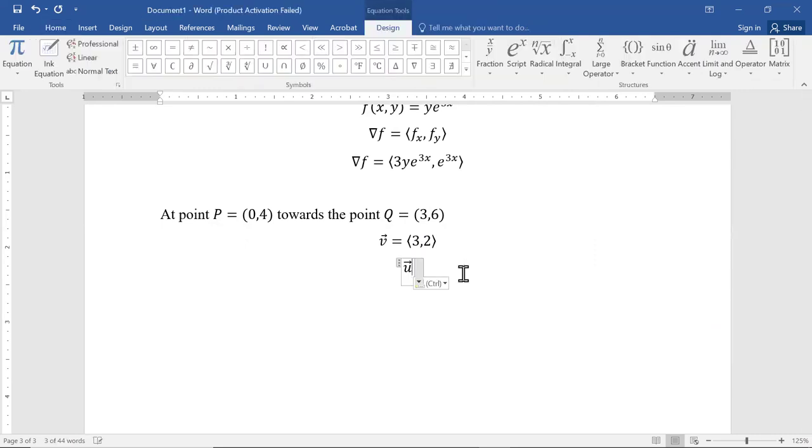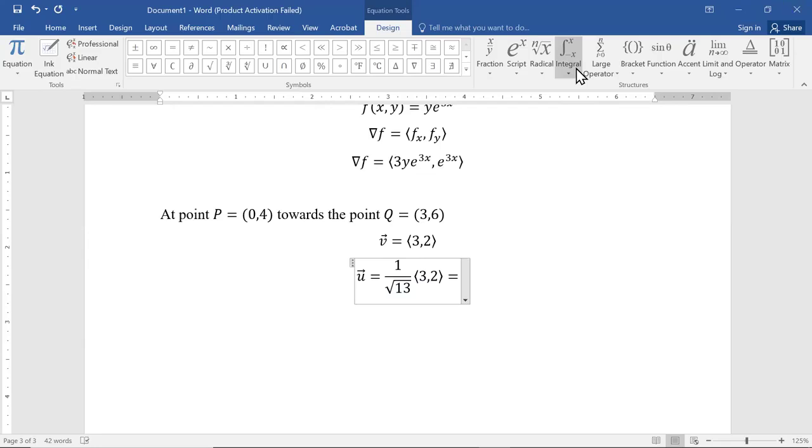In order to find the unit vector in that direction, I'm going to take the vector (3, 2) and multiply it times 1 over the magnitude. 3 squared plus 2 squared is 9 plus 4, so 1 over the square root of 9 plus 4 is 1 over the square root of 13. So that's my u.